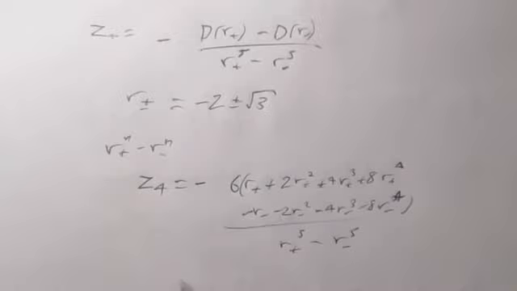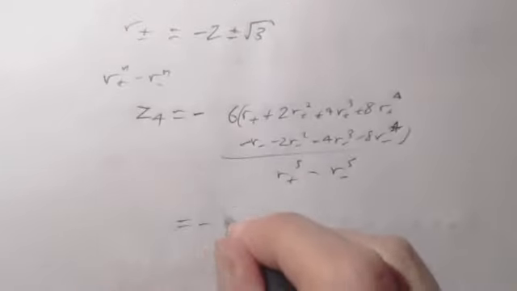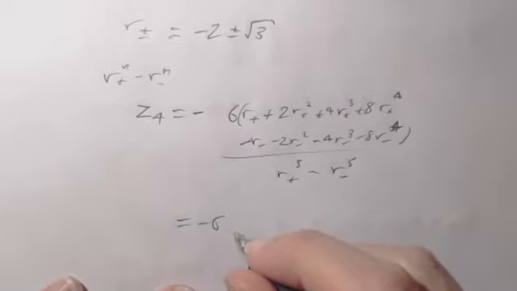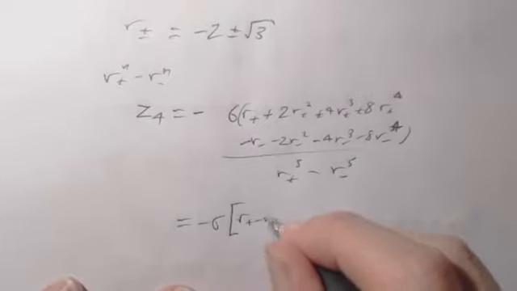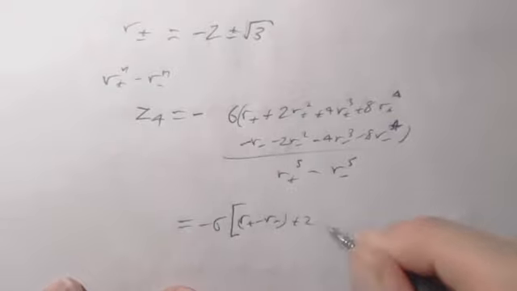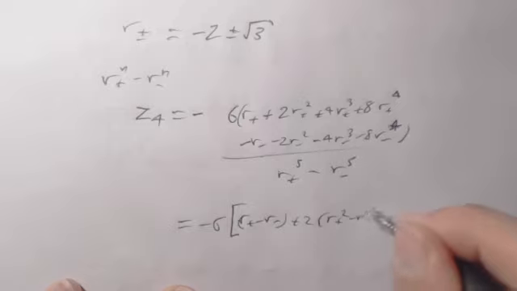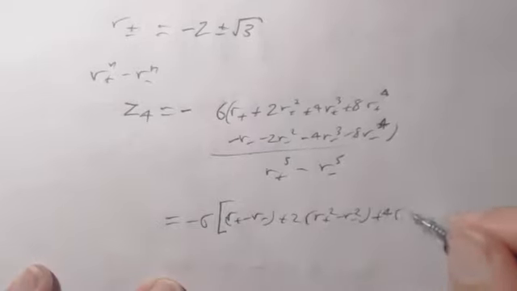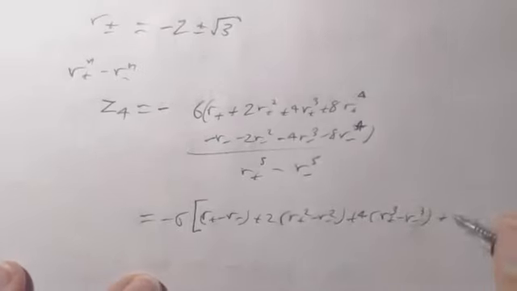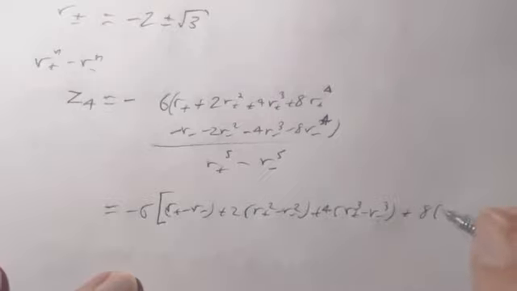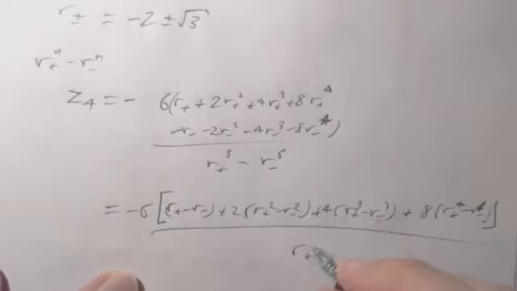So basically this is minus 6 r plus minus r minus plus 2 r plus squared minus r minus squared plus 4 r plus cubed minus r minus cubed plus 8 r plus to the 4 minus r minus to the 4 all over r plus to the 5 minus r minus to the 5.